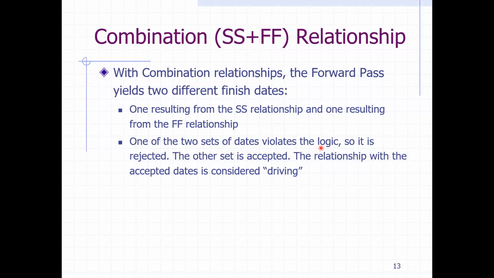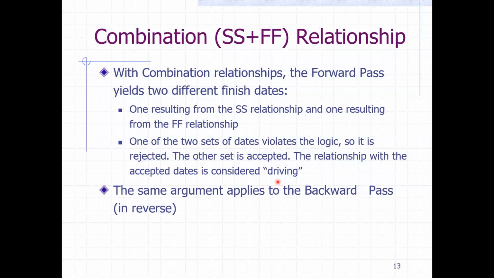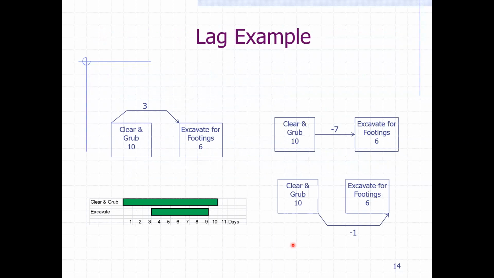If they violate the logic, then you have to revise your sequence because they don't make sense. But you have to make sure that the driving activity is identified ahead of time. And of course, for the backward and forward passes, they both are the same.